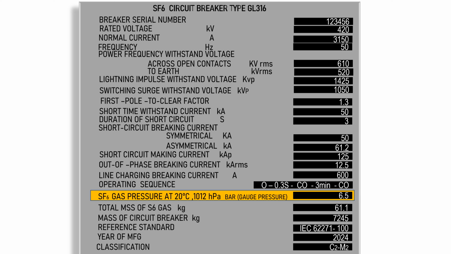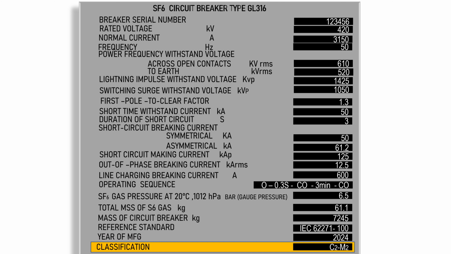Pressure changes in accordance with the temperature of the site of installation. Next, total mass of SF6 gas, mass of circuit breaker, reference standard, year of manufacturing, customers, NOA number are not needed to be expressed here.